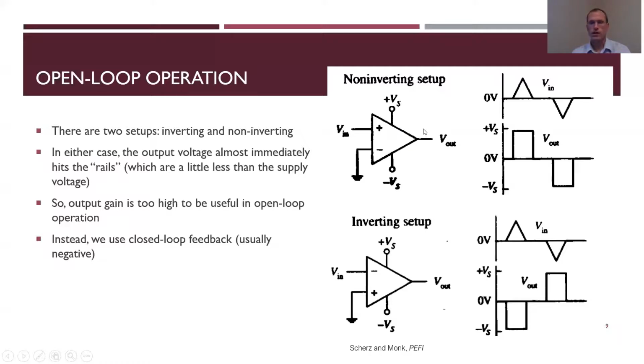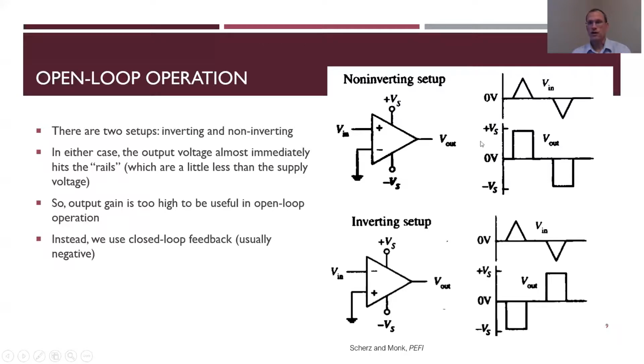So voltage out basically has to be less than the amount of voltage powering this thing. If I put my input voltage in and start increasing it very, very slowly, well, if I have a gain of 1,000,000, even if I increase it by 1 microvolt, that's going to go up by 1 entire volt. And so increasing this thing only a few microvolts, I've already hit my output voltage of 15 volts.